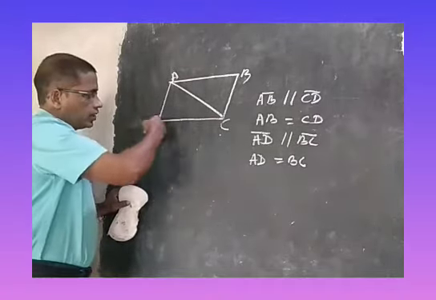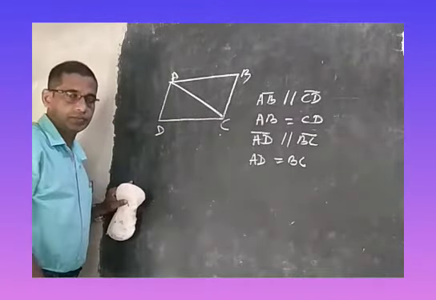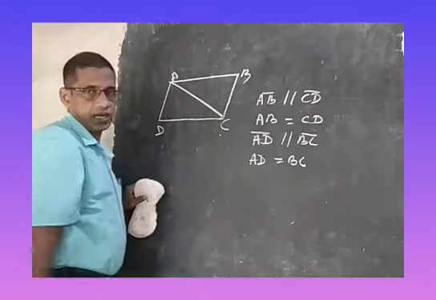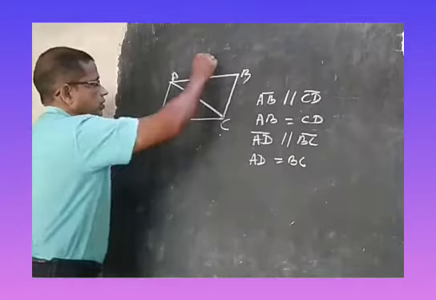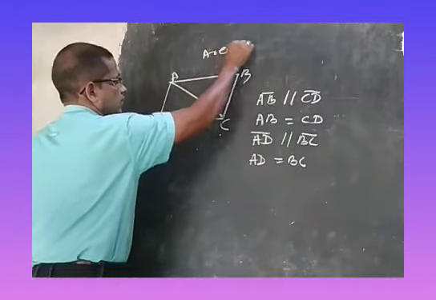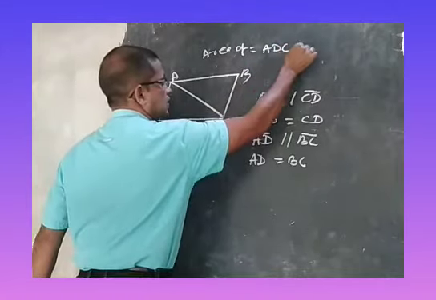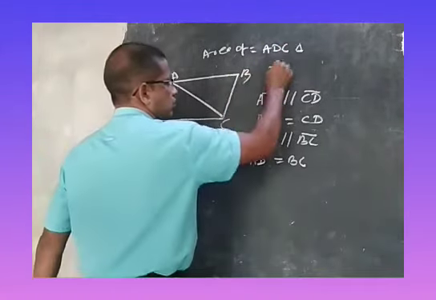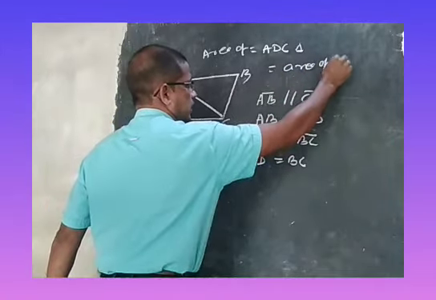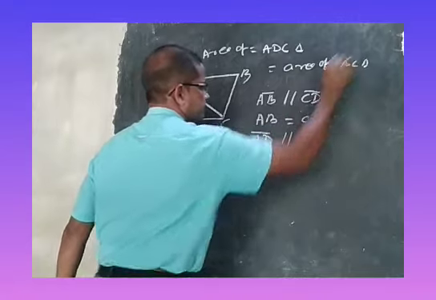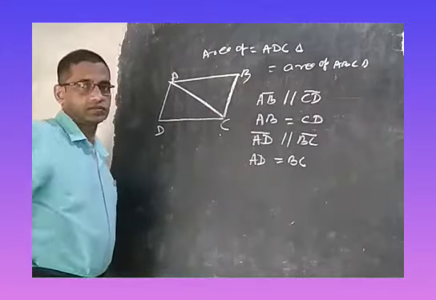The area of ADC triangle is equal to the area of ABC triangle because both triangles are equal in nature.